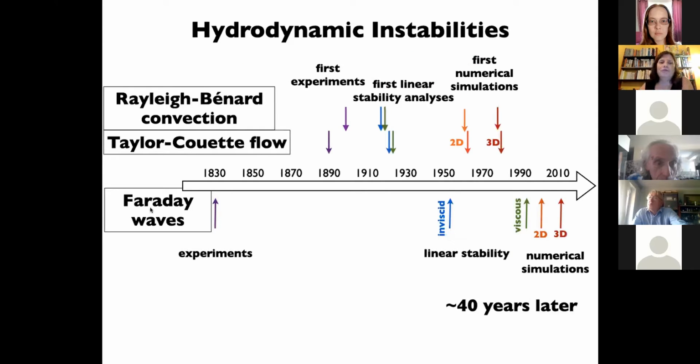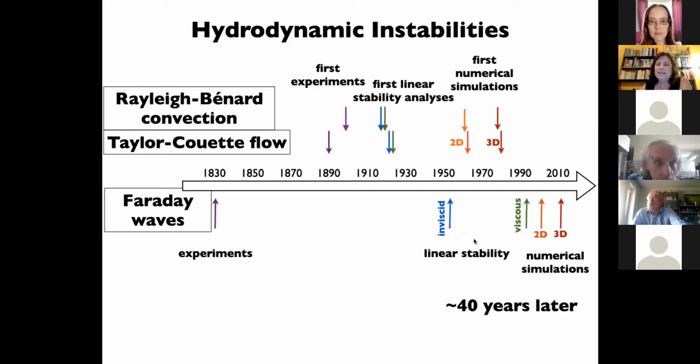And I've been very fortunate in this Faraday experiment because historically, although Faraday did these experiments in 1831, unlike other hydrodynamic stability problems like convection, Rayleigh-Benard convection, Taylor-Couette flow, which were actually experimentally studied later in the 1890s and early 1900s, they were analyzed theoretically by Taylor and by Rayleigh in the 1910s, 1920s, and simulated numerically in the 1960s. Whereas there was an important delay in analyzing Faraday waves.